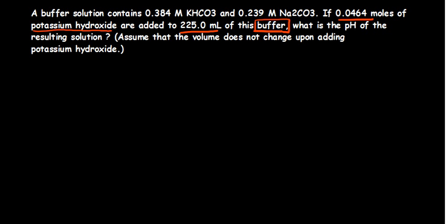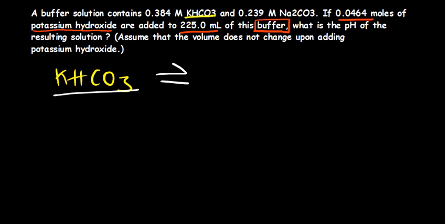So what is the buffer solution that we are talking about? We have KH carbonate, and then you have sodium 2 carbonate as well. From my understanding, this is our acid, and after dissociation what we expect is we have our proton there, and then what else do we have? So we have that remaining. We can write this as K carbonate, something like that.